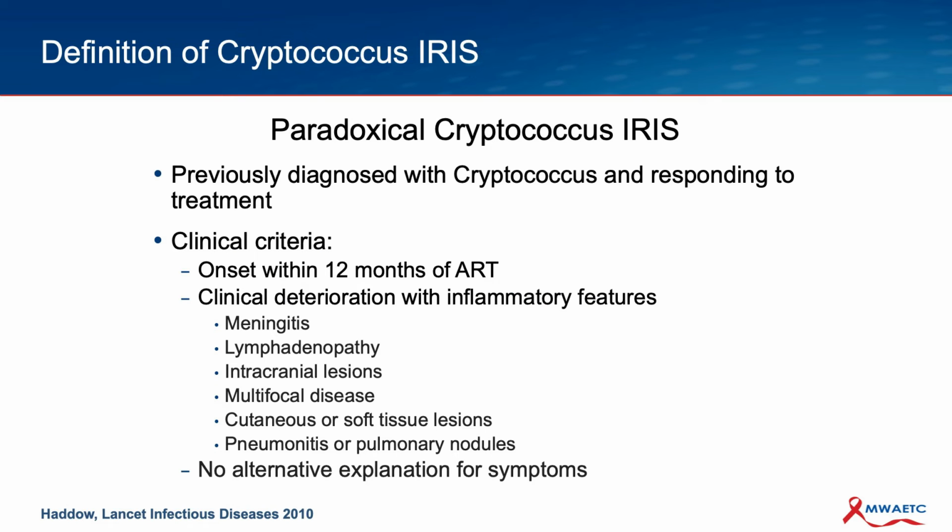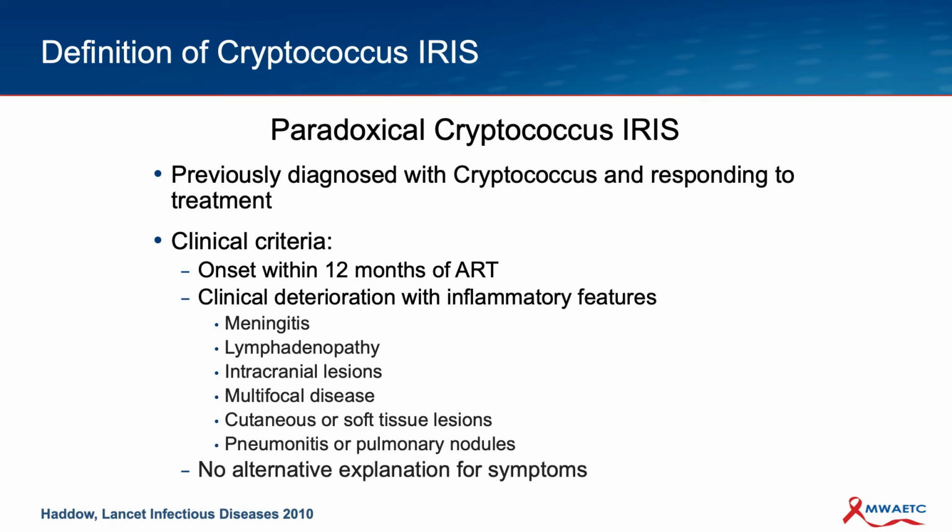So there is an international definition of cryptococcal IRIS. It's published a decade ago in the Lancet Infectious Diseases. And it defines paradoxical crypto-IRIS as previously diagnosed crypto that's responding to treatment, and then with clinical criteria that happens within 12 months of starting antiretroviral therapy, which then is clinical deterioration with inflammatory features.